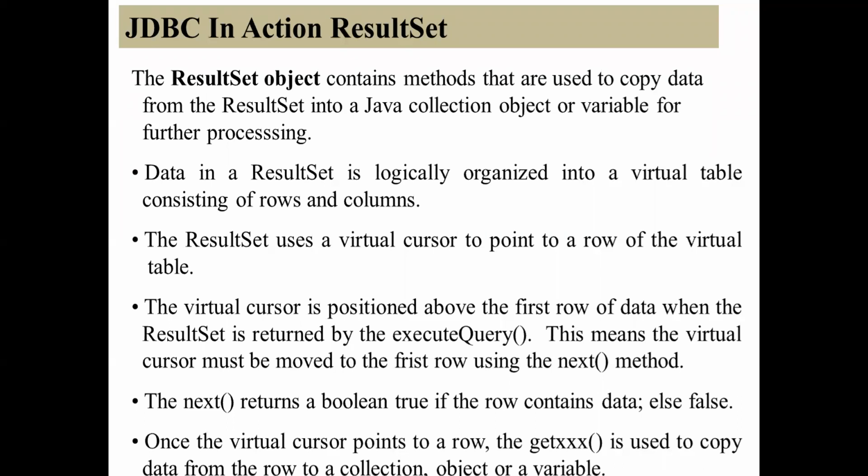So the result set object contains the methods that are used to copy the data.